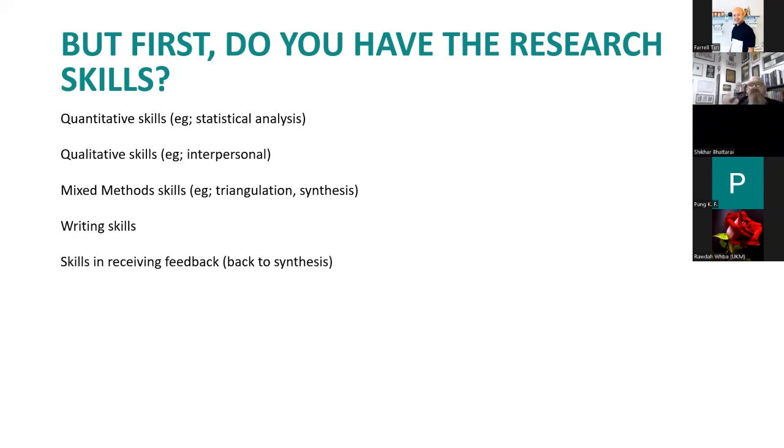You have to then explain data in multiple formats. You have to explain the triangulation and synthesis of that data. And then you have to write that up as a set of conclusions. So it is more involved. It is more complicated than a mono method study. But if we can write a mono method, we can write for mixed method as well.